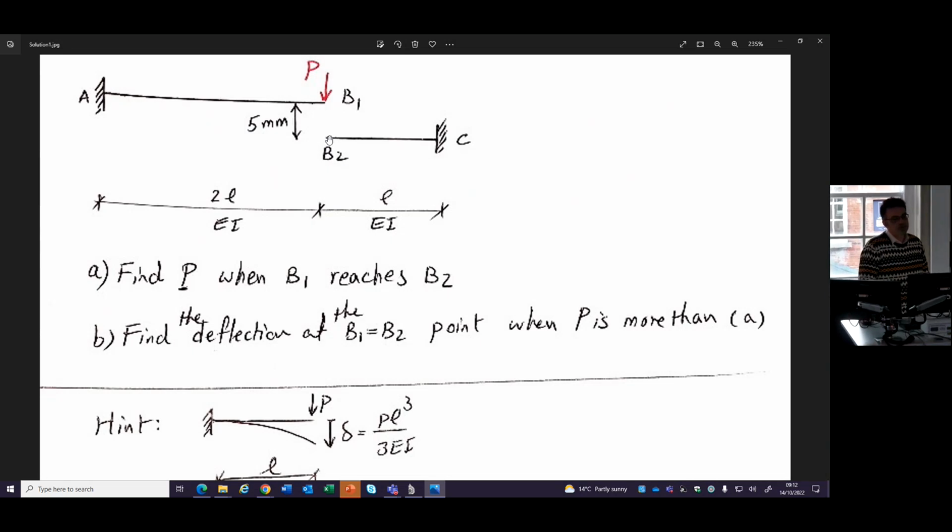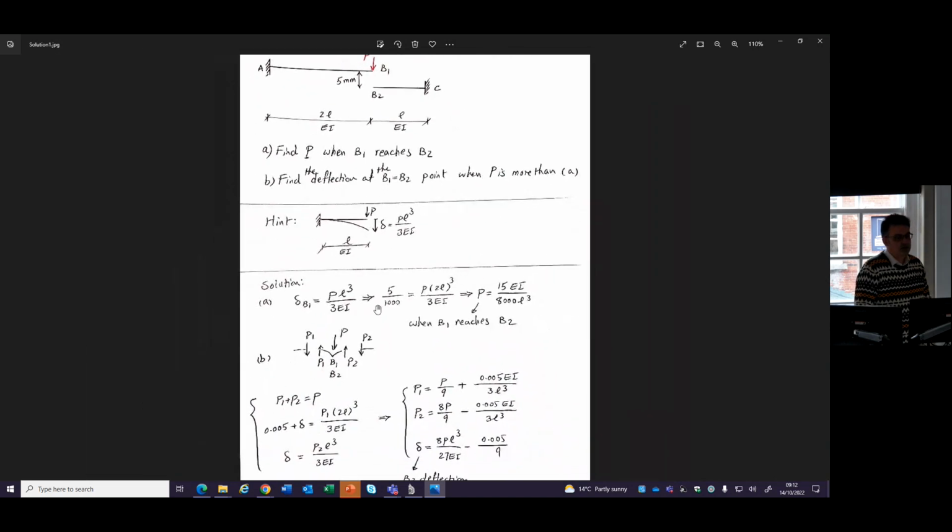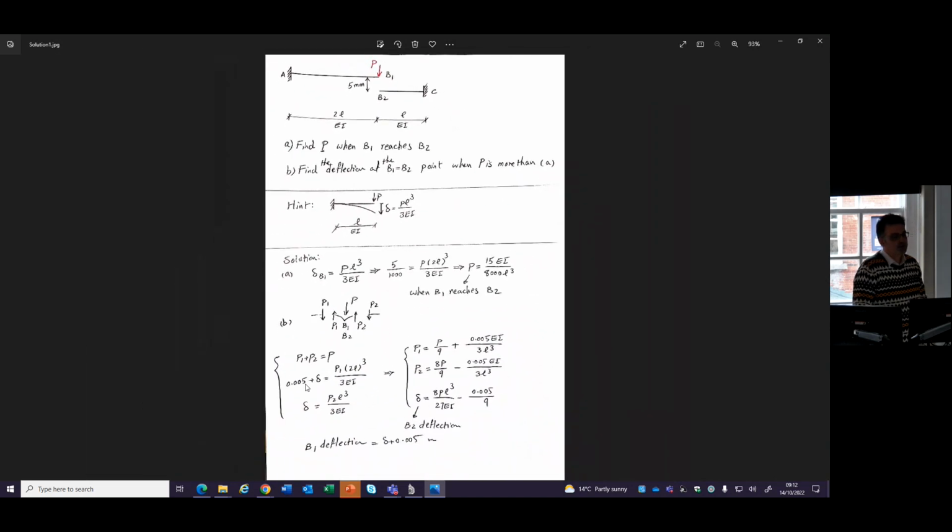When B1 and B2 are down here, B1 is delta plus 5 millimeter, B2 is only delta. So I just put 5 millimeter plus delta for this formulation for the left beam, B1.